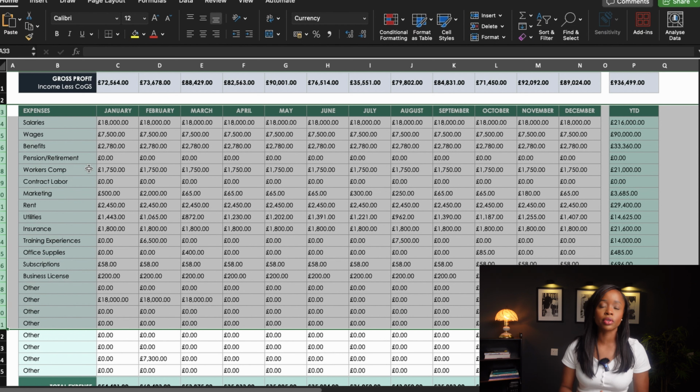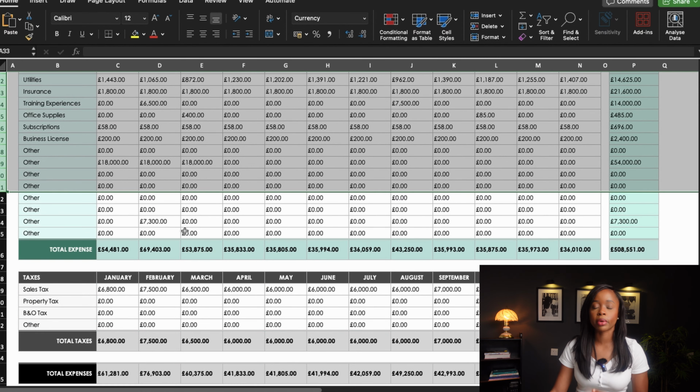So popular categories of expenses that would fall here would include things like your salaries, your wages, telephone, internet, all those other types of expenses that are needed in order to run that business, but are not necessarily attributable to the manufacturing of that product that you are selling.